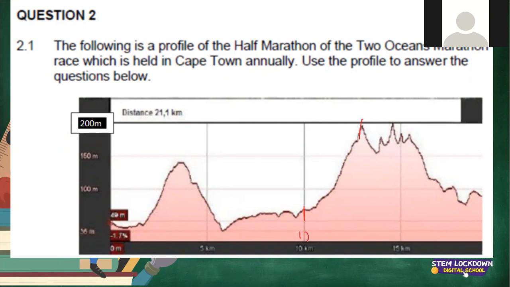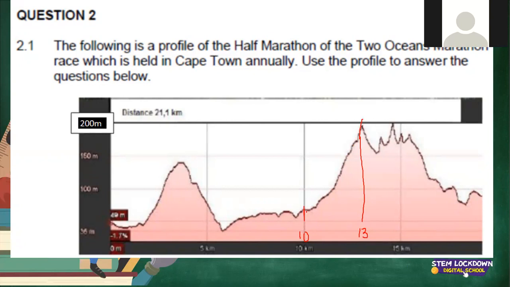Between 10, that's 10, and roughly that's 13. What is the level of elevation? In other words, I want to know the gradient between 10 and 13. What is your rate of elevation?